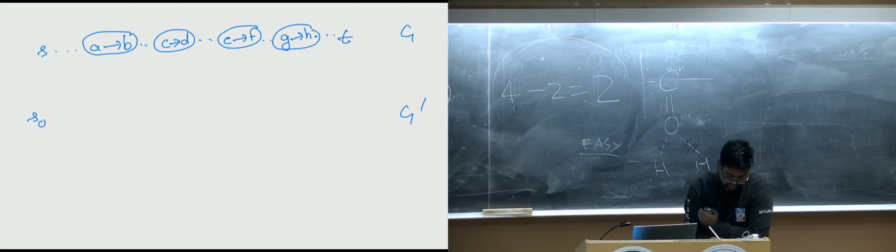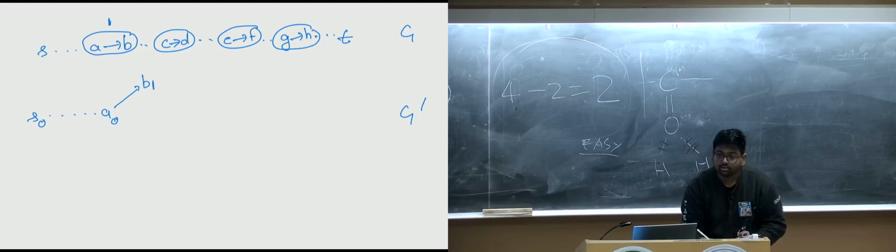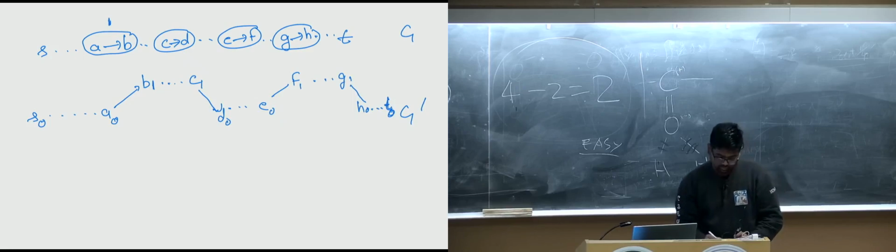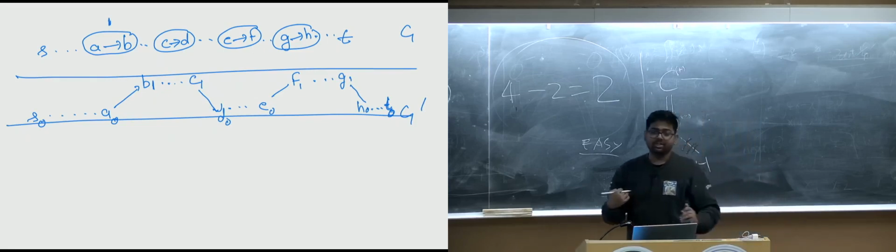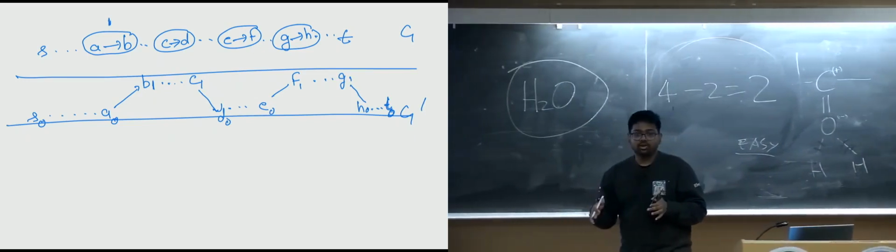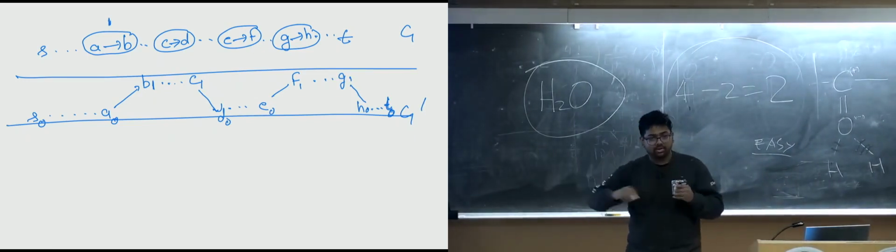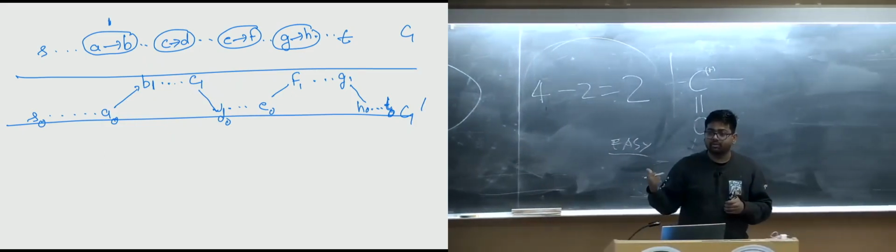We start from S0, we go all the way here, and then at A0, since this is labeled 1, from A0 we go to B1, right? And then we keep going until we encounter C1, and from C1 we go back to D0. Similarly, from E0 we go to F1, and from G1 we go to H0, and then eventually reach T0. Right? So we can see there are two distinct planes here. Whenever you are at a node labeled 1, that means you have only encountered an odd number of ones till now, right? And since the total is even, you will always come back to the same plane. Make sense? I hope this is more intuitive.